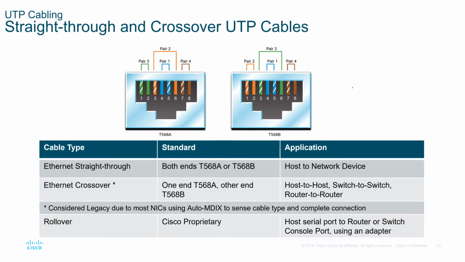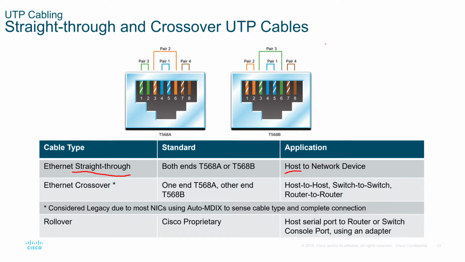Now, when we wire a cable, we use either the 568A or the 568B standards. If both ends use the 568A or the 568B, it is referred to as a straight through cable. Straight through cables go from either a host to a switch as a network device.